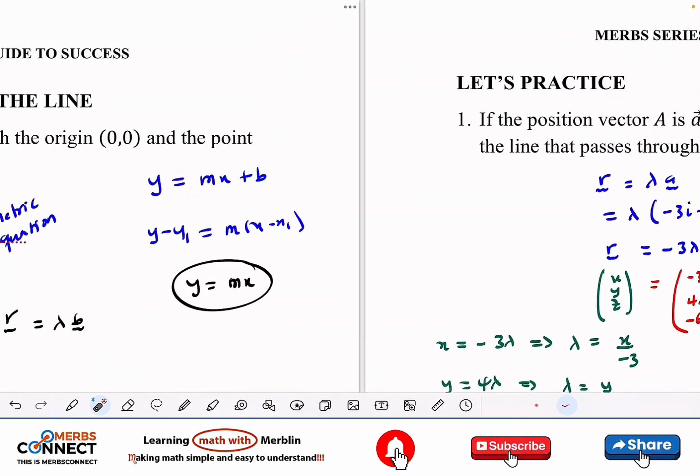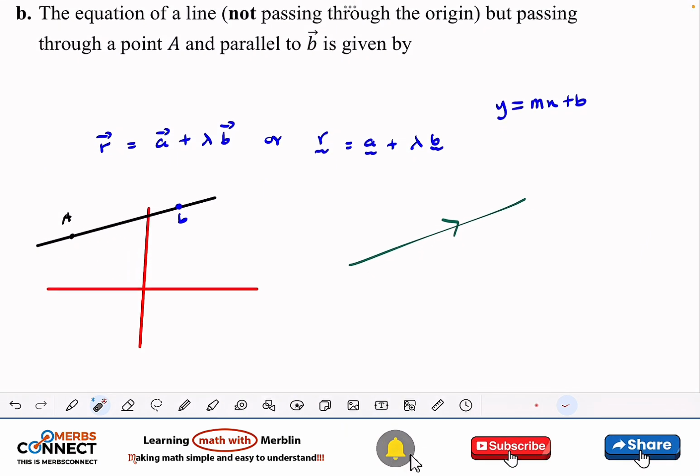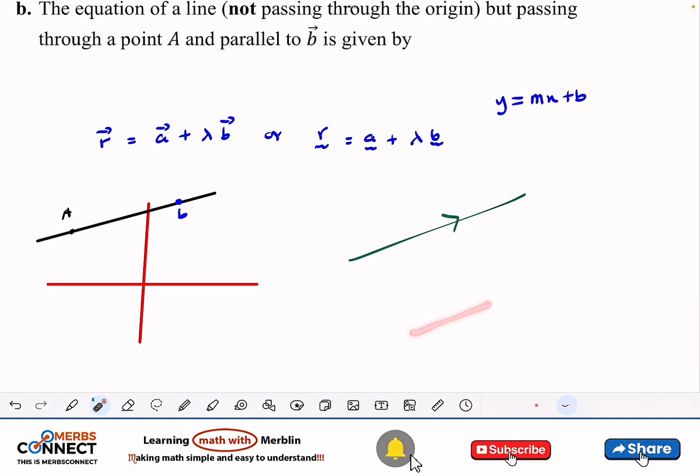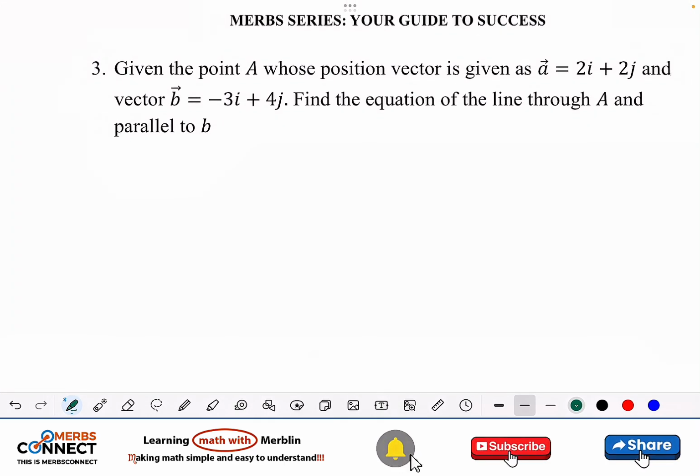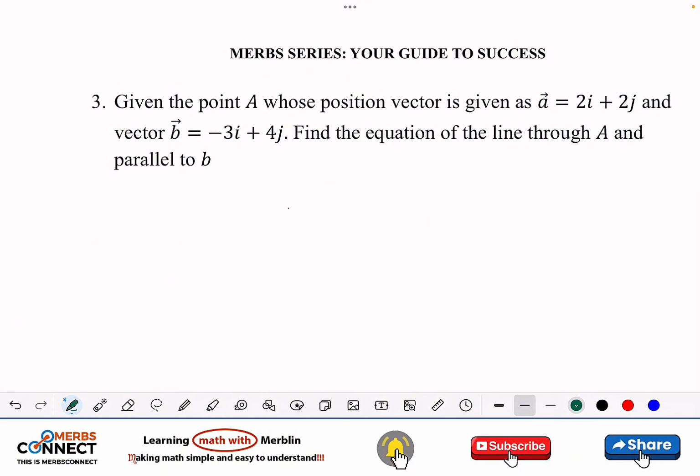Good. So it's kind of like if I have a vector which is, let's say this, then if I multiply it by a scalar, I can just extend this line like this. Good. So this one, we know that we have 2 points. Let's look at the terms here.